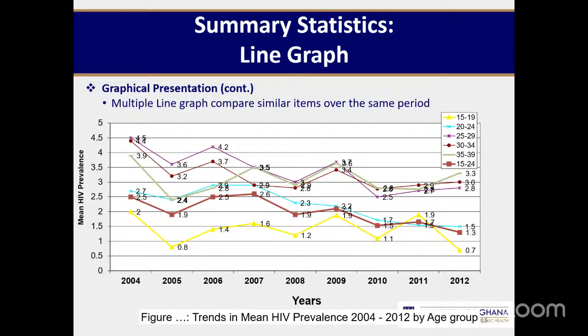So with this, we can really see which age group was a major contributor to the decrease in the HIV prevalence. And therefore, policies can be targeted at those who didn't see that major difference. Targeted policy.